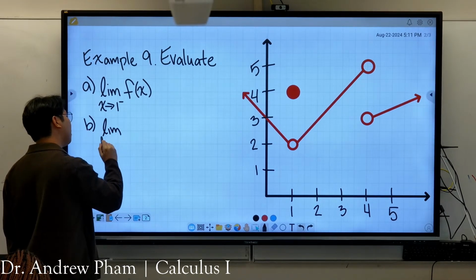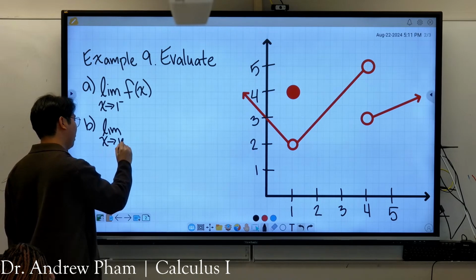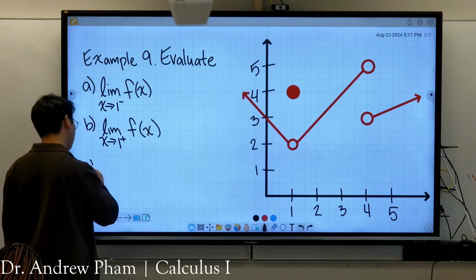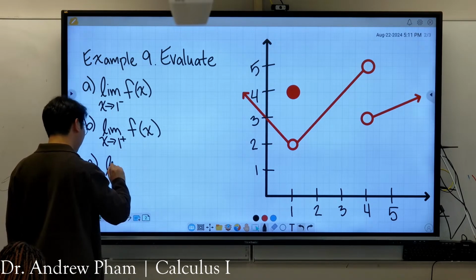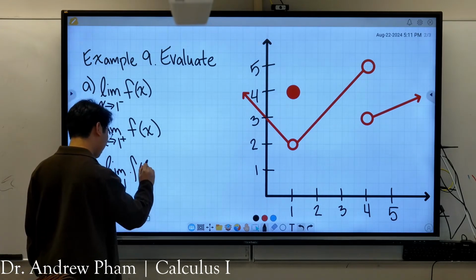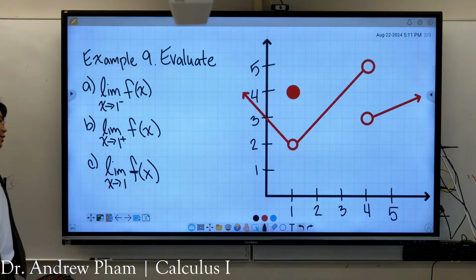The limit as x approaches 1 from the right. And the regular limit as x approaches 1 of my function. I do have a D, E, F portion that I'll hold off from writing.